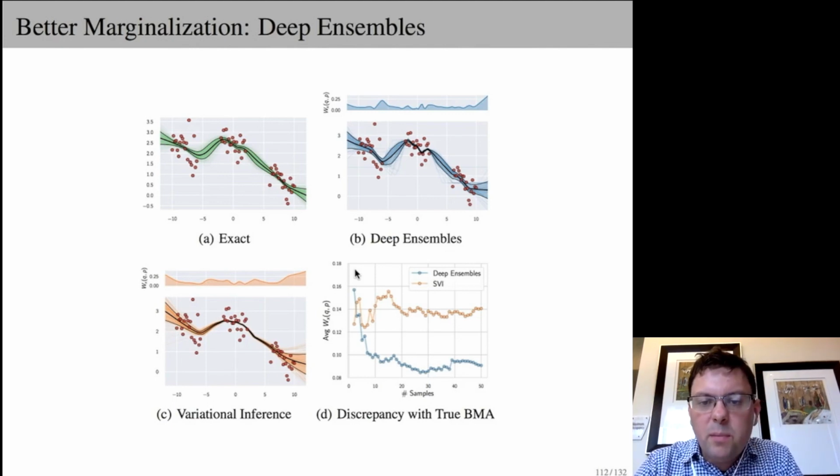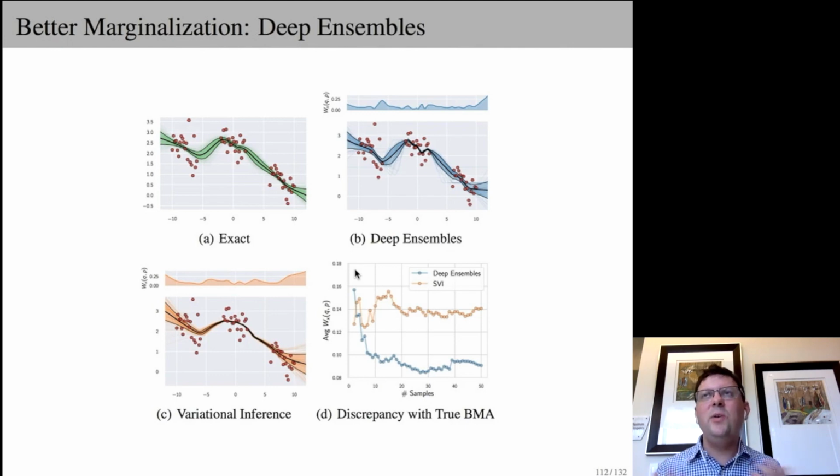In the bottom right panel, we look at the distance between the approximate predictive distribution given by both deep ensembles and stochastic variational inference as we increase the number of samples we have access to. And we can see that that distance decreases very quickly for deep ensembles, but hardly at all as we increase the number of samples with the variational procedure.